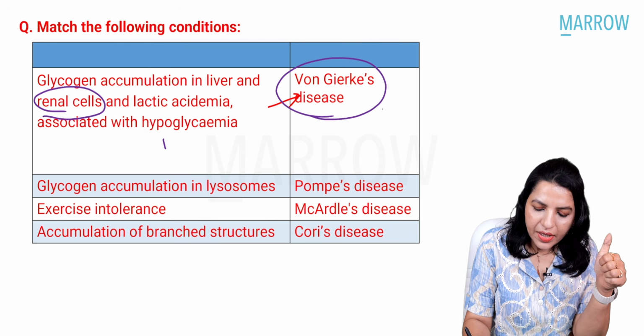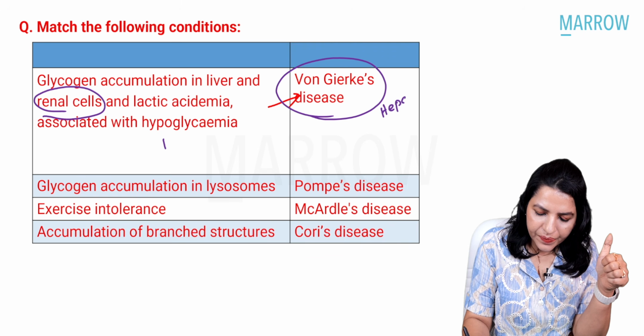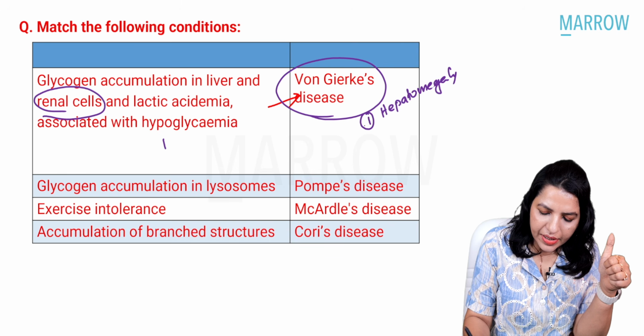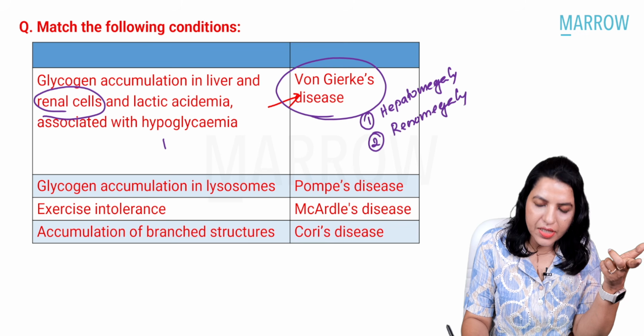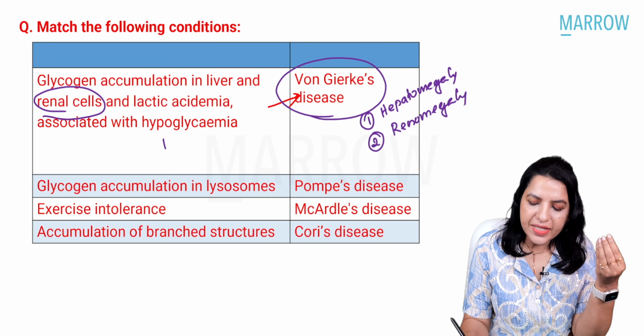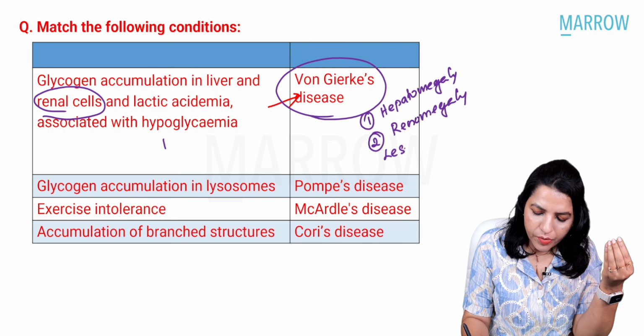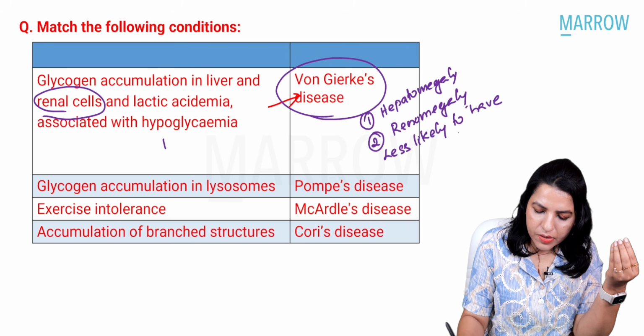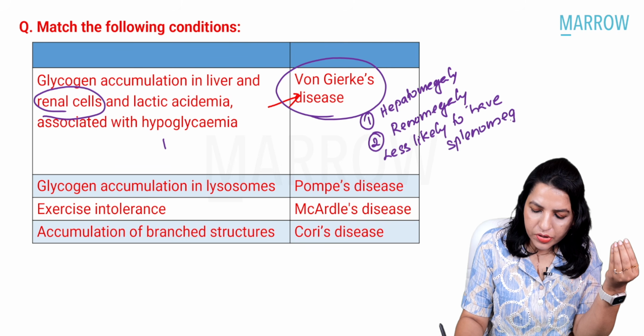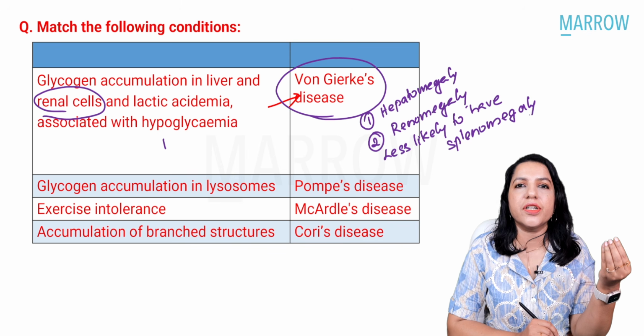One is hepatomegaly. The second is in the kidneys, renomegaly, very characteristic of von Gierke's disease, but we are less likely to have splenomegaly in type 1 glycogen storage disorder, which is von Gierke's disease.